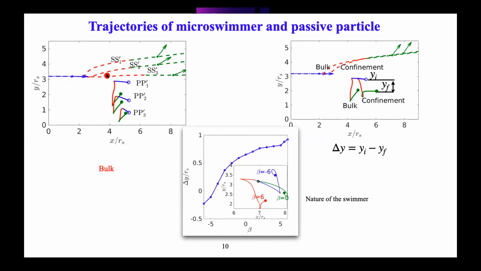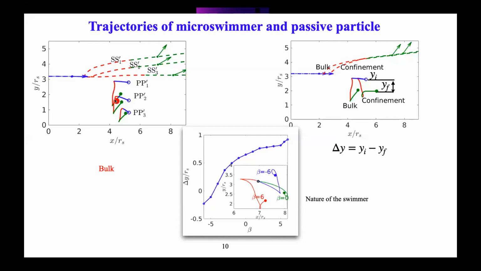And during stage 2, the passive particle is repelled away from the microswimmer and it moves mostly in the y direction and towards the bottom wall. During that stage, the microswimmer moves from a position behind the passive particle to a position in front of the passive particle.